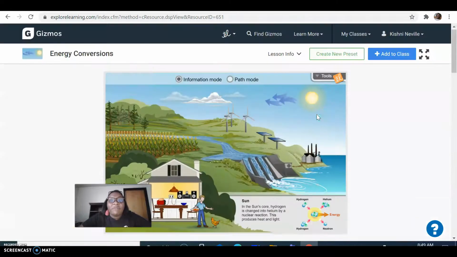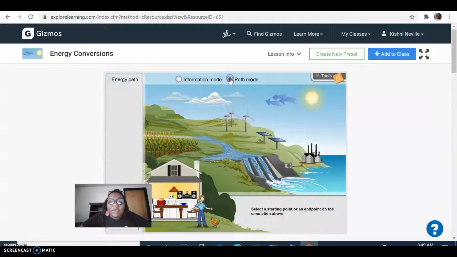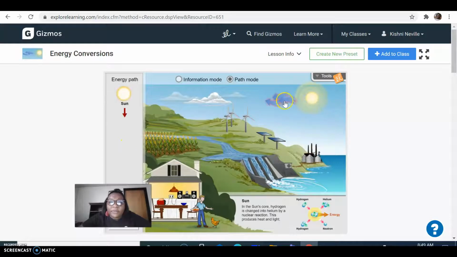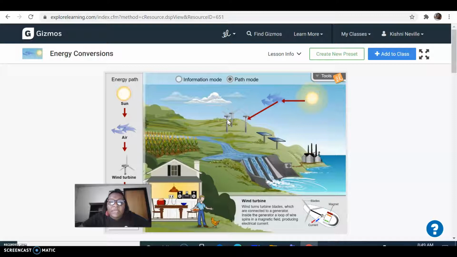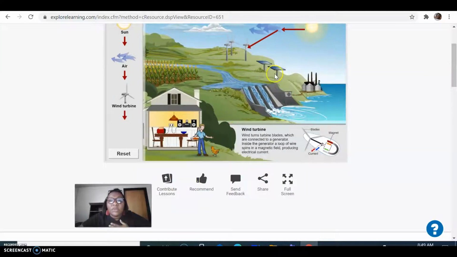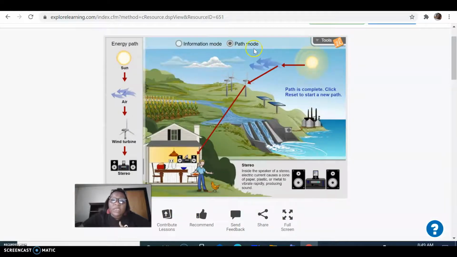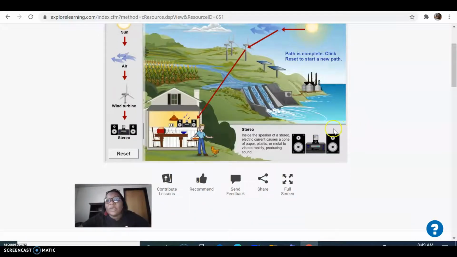When we look here, after we've played with this, or we can even look at the path, the sun, the air, it's then going to turn those wind turbines, okay? And those wind turbines will power a house. We can do all of these kind of manipulations of this environment to answer our 5 questions.